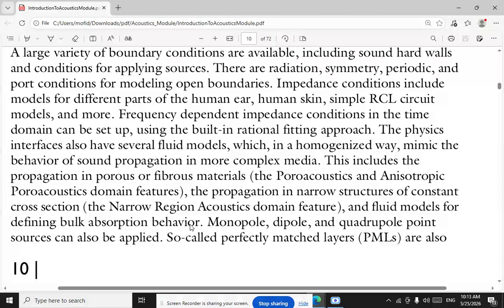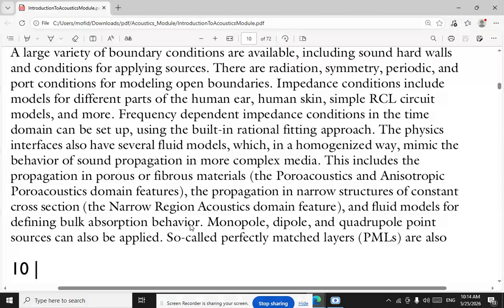This includes the propagation in porous or fibrous material, the poroacoustics and anisotropic acoustic domain features, the propagation in narrow structures of constant cross-section, the narrow region acoustics domain feature, and fluid models for defining bulk absorption behavior. Monopole, dipole, and quadrupole point sources can also be applied.